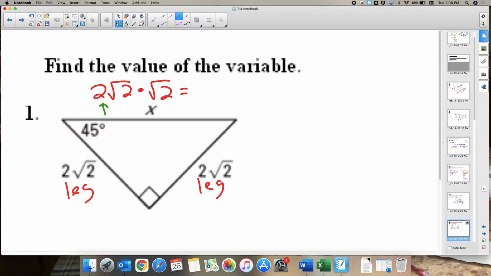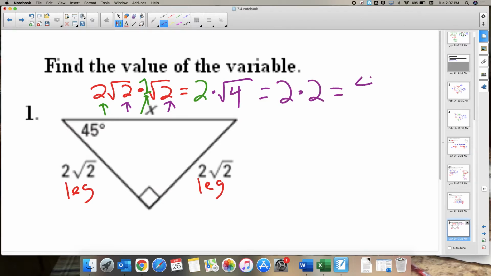Numbers that are out in front get multiplied with numbers that are out in front. That's understood to be a 1, so it's 2 times 1 is 2. Numbers that are underneath get multiplied with numbers that are underneath. 2 times 2 is 4. So I have 2 times the square root of 4. Well, we just happen to know the square root of 4 is 2. So we have 2 times 2, which gives us 4.